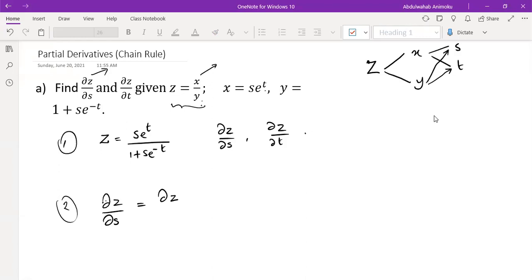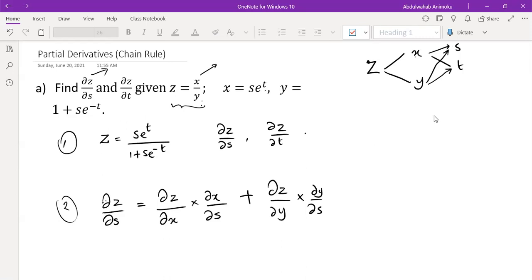So in order to get to s, you need to pass through x and y. This is how we write the chain rule for partial derivatives. First we go through x: del z del x times del x del s, plus we go through y: del z del y times del y del s.